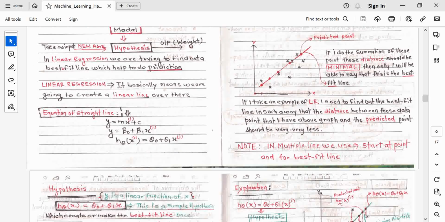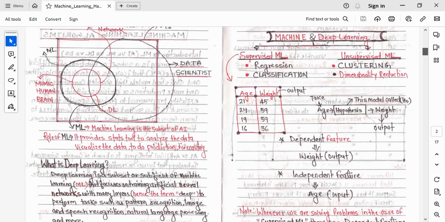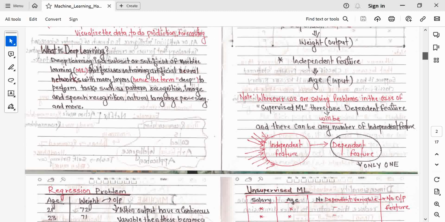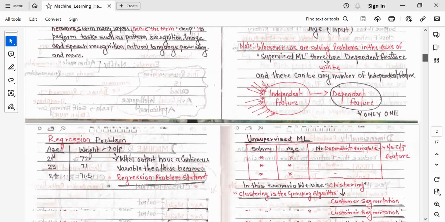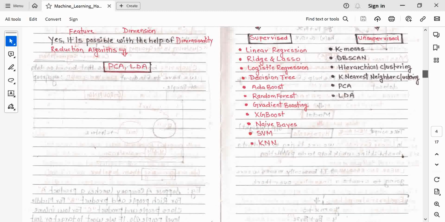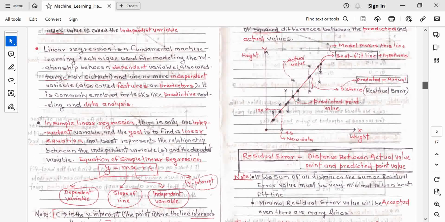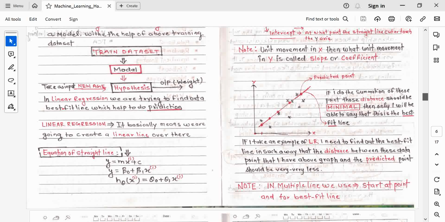In the upcoming video, we'll discuss many things we covered in our first videos, like ridge, lasso, logistic regression, how it will be calculated, and what we will get from it.